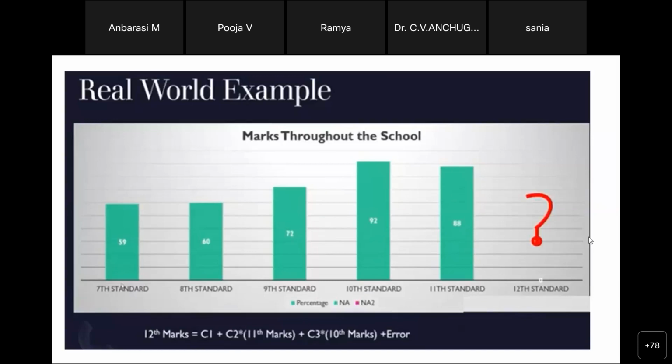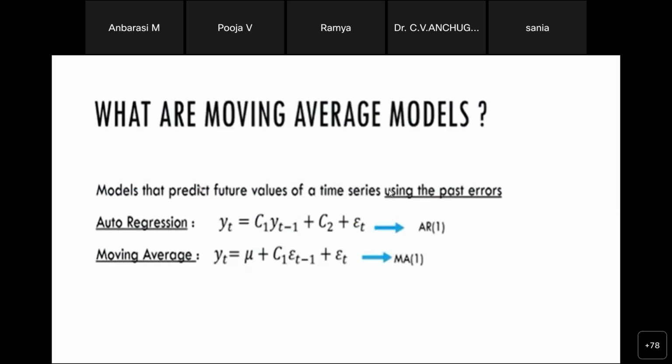That is what we call autoregression. But here we predict the future value based on the past errors, not the values. That is the difference between the autoregressive and the moving average model.